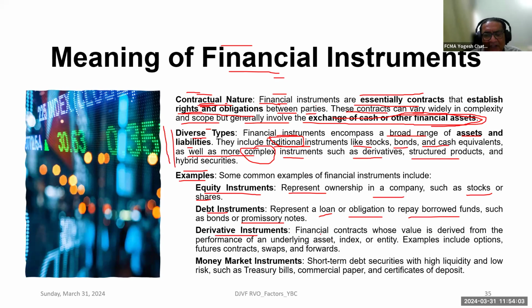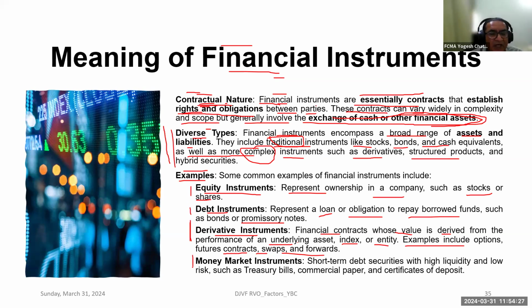Derivative instruments are financial contracts whose value is derived from the performance of an underlying asset, index, or entity. Examples include options, future contracts, swap contracts, forward contracts. So it can be an equity contract, a debt contract, or a derivative contract.